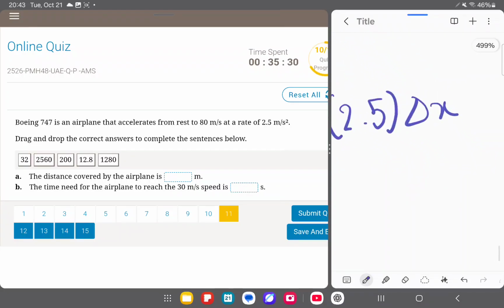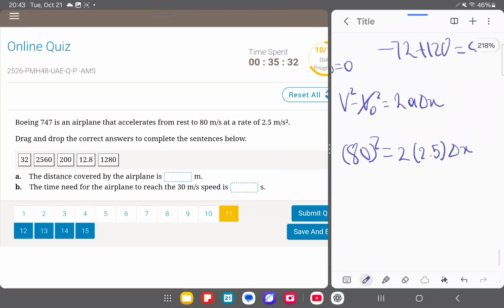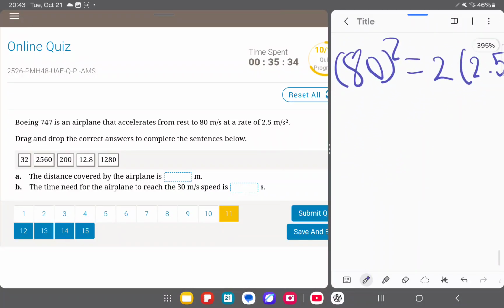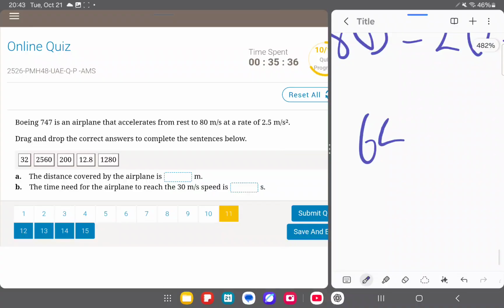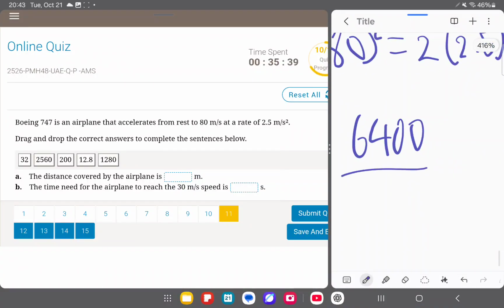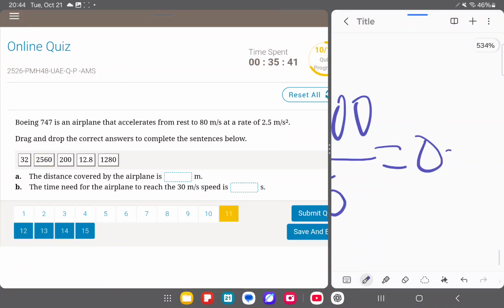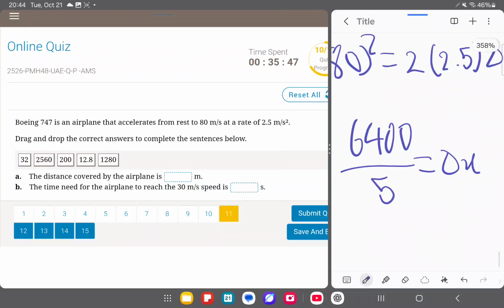Distance covered is delta x, so 2 times 2.5 is 5, and we move 80 squared, which is 6400, over 5 is equal to delta x. On the calculator, this will show 1,280.